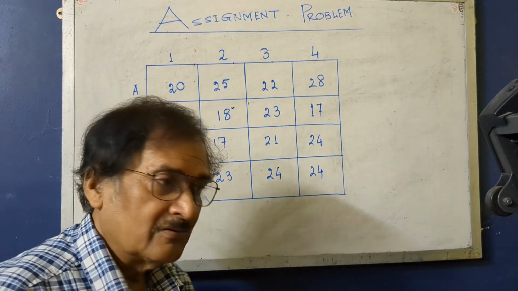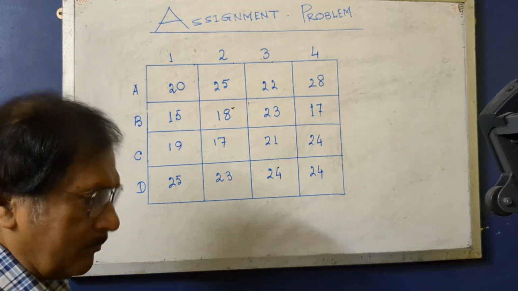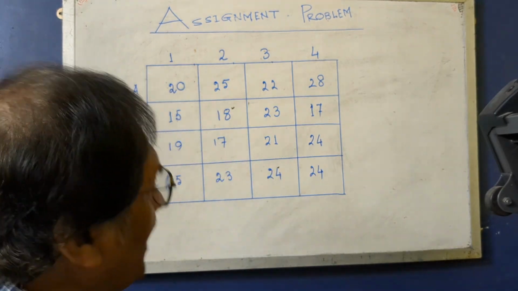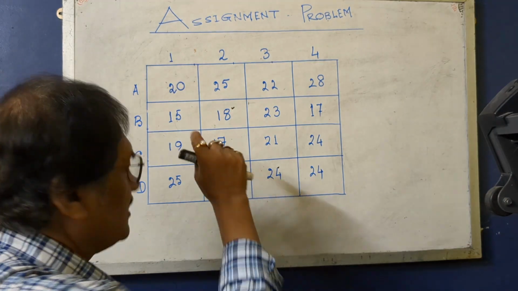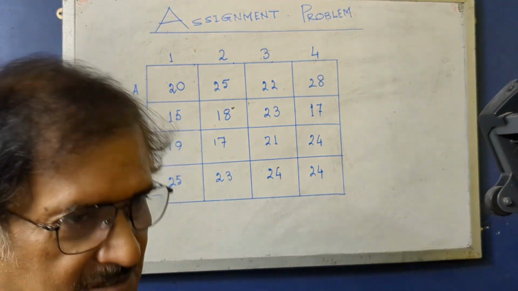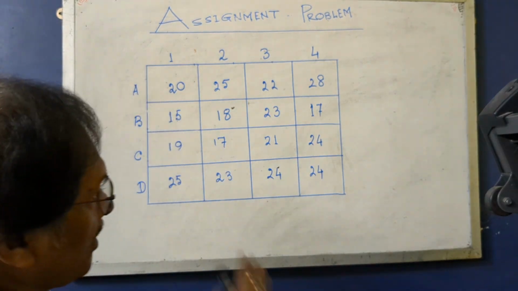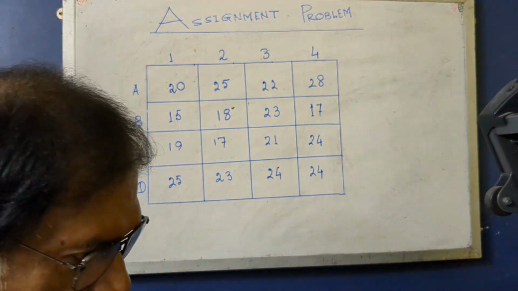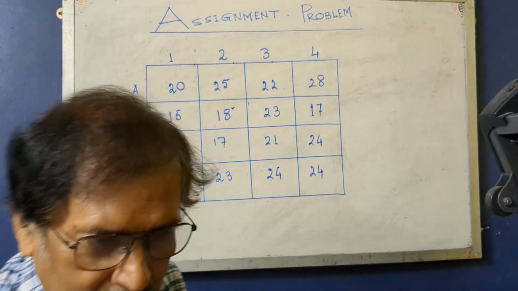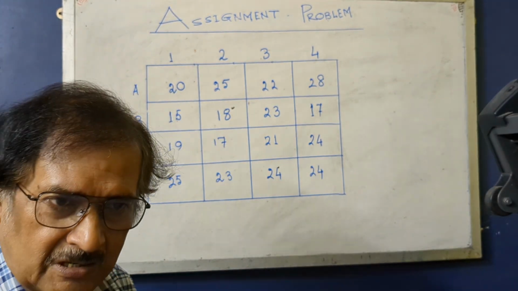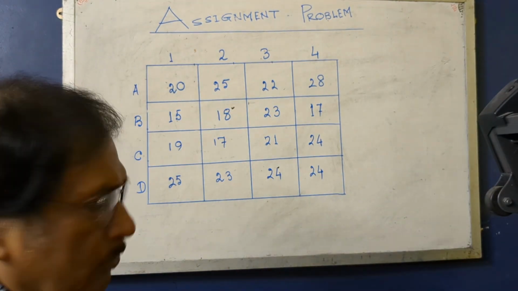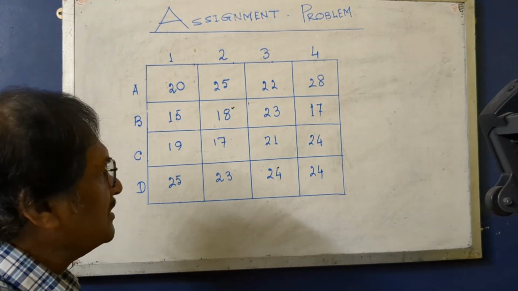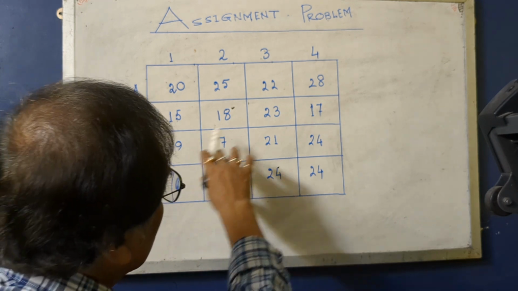In that case, first you have to convert the problem to a minimization problem and then solve it. But your case is minimization as it is a case of time. I think it is clear. Whatever I have mentioned, the maximization problem and unbalanced problem, for that purpose you will see my other videos. I am not going to complicate this, just the methods to solve this problem.